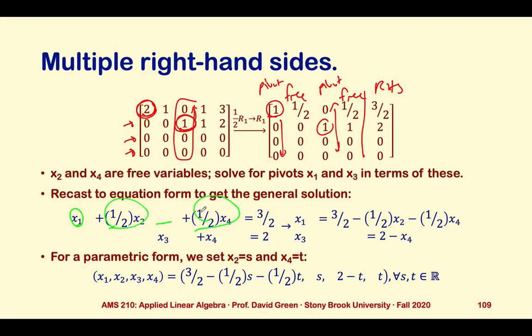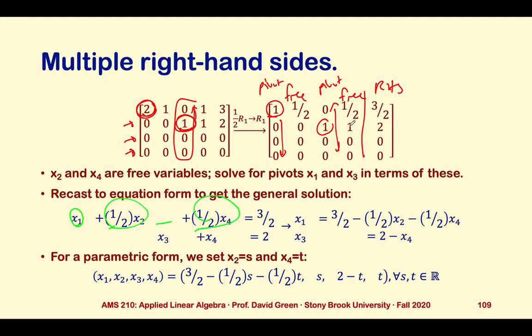We know that x2 and x4 are free variables, so the only thing for us to do is to move those over, and this gives us x1 is 3/2 minus half x2 minus half x4.